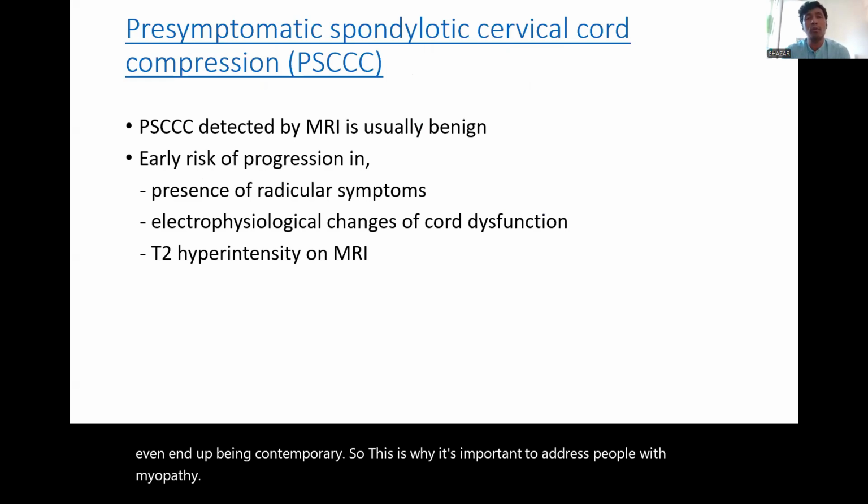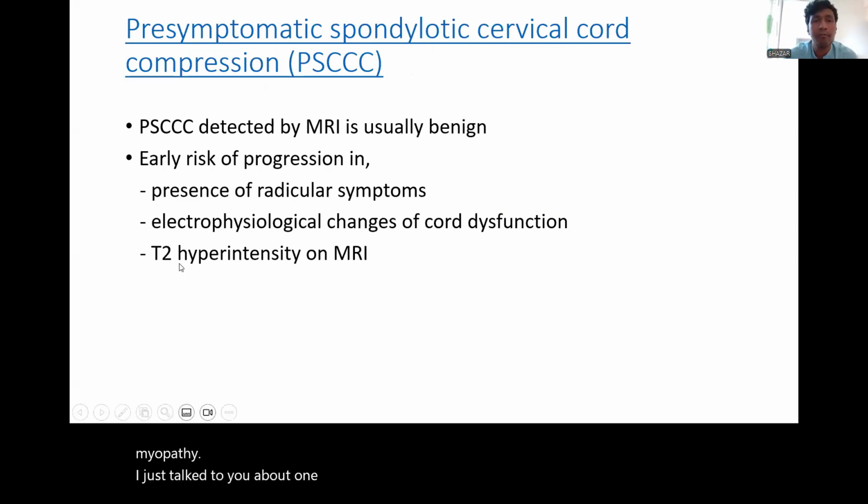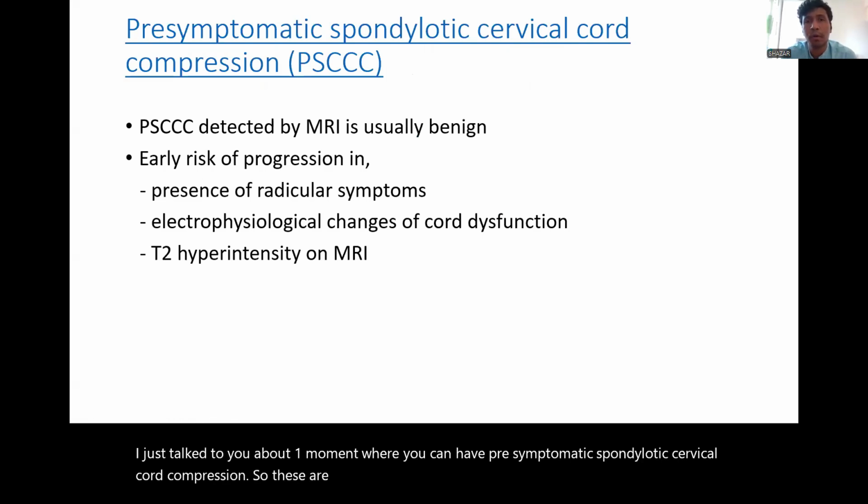I just talked to you about one more entity where you can have pre-symptomatic spondylotic cervical cord compression. So these are cervical spondylotic myelopathy with or without cord signal changes you detect in patients who have had MRI scans.